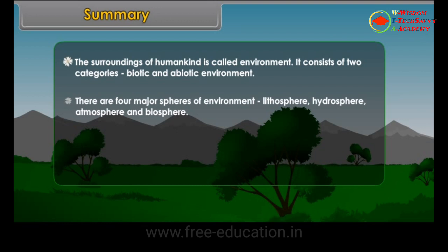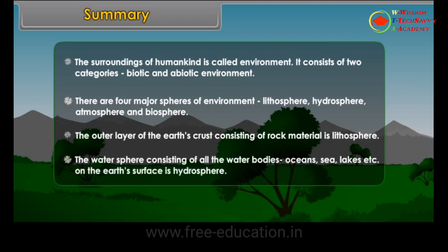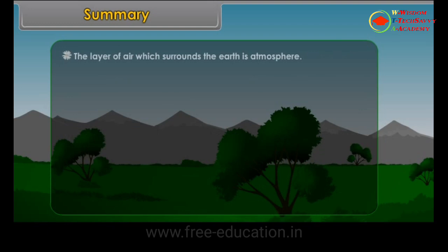The outer layer of the Earth's crust, consisting of rock material, is lithosphere. The water sphere, consisting of all the water bodies, oceans, sea, lakes, etc. on the Earth's surface, is hydrosphere. The layer of air which surrounds the Earth is atmosphere. The zone where living is possible is called biosphere.